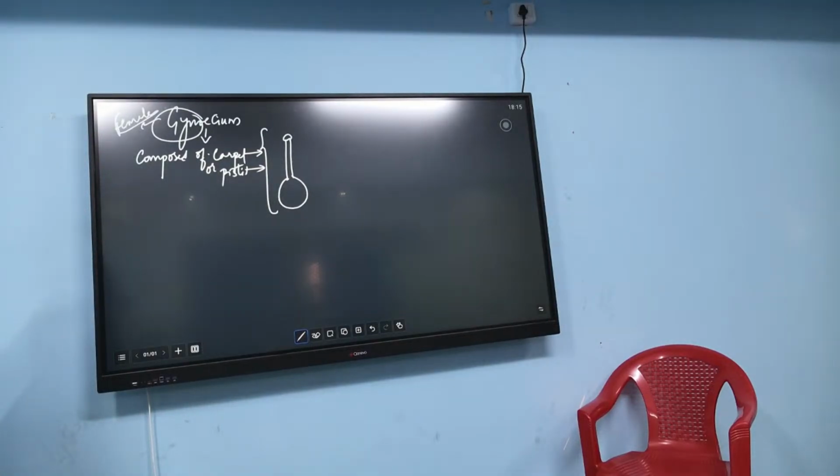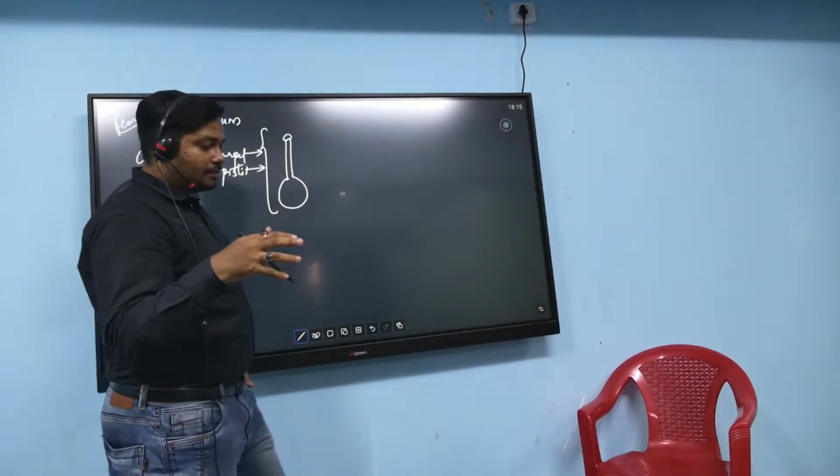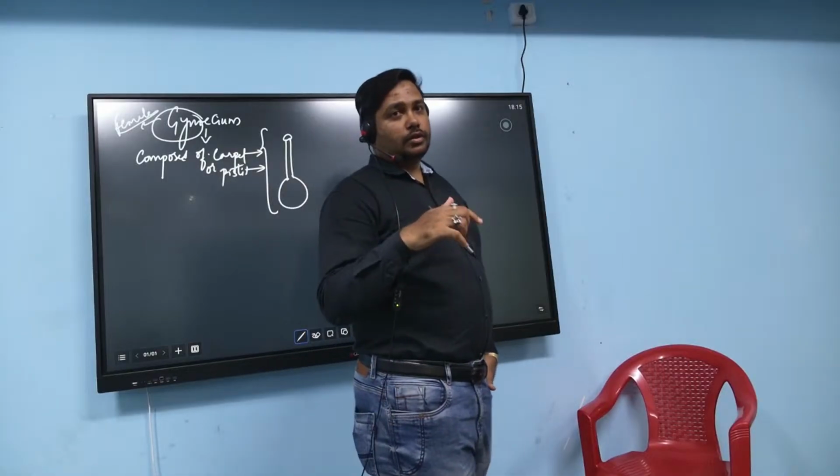If it is one single, it is called monocarpellary. If it is more than one, bicarpellary, tricarpellary, tetracarpellary. We can tell how many there are. If it is more, multicarpellary also can be told. Is that clear?